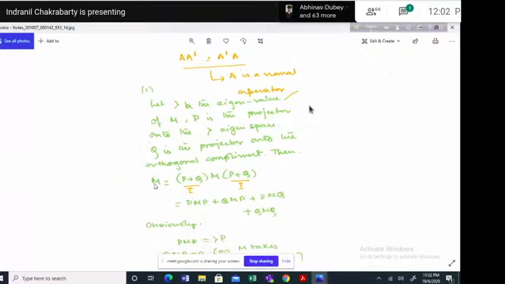So any operator M can be written in this form, with P plus Q on both sides. You can break this into PMP plus QMP plus PMQ plus QMQ.